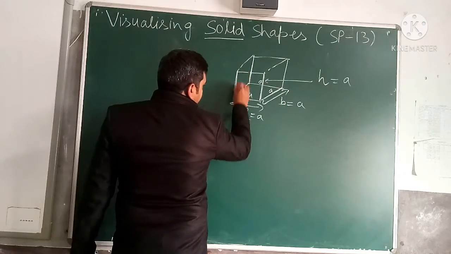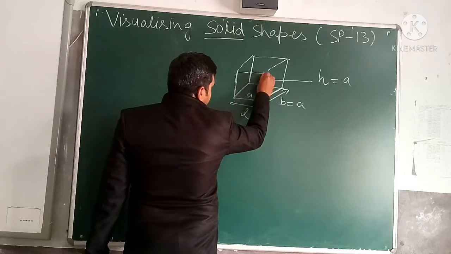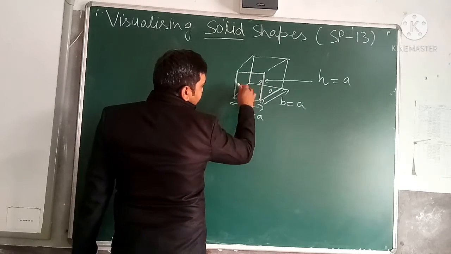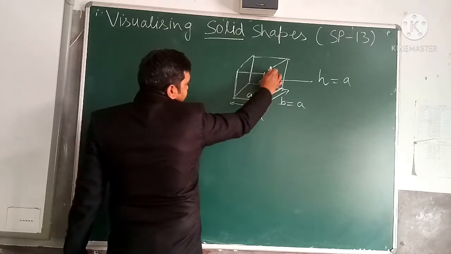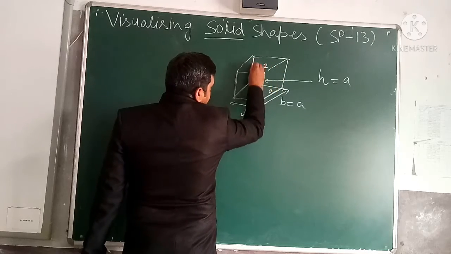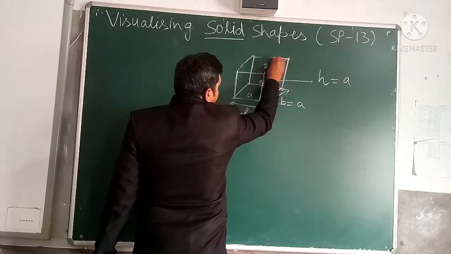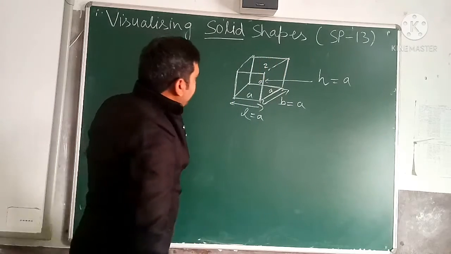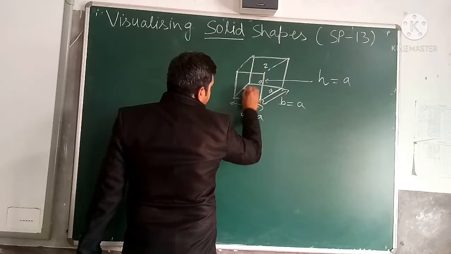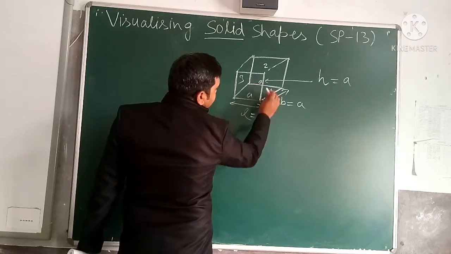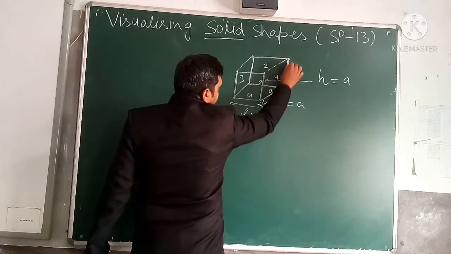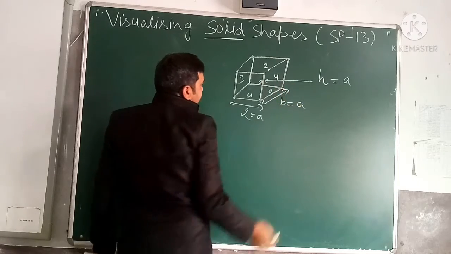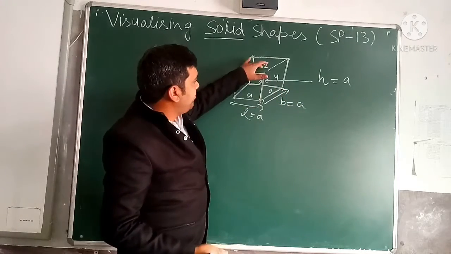This square is the first face, and at the back is the second one. Now this is the third face, and in front of it is the fourth. And this is the top, the fifth one.